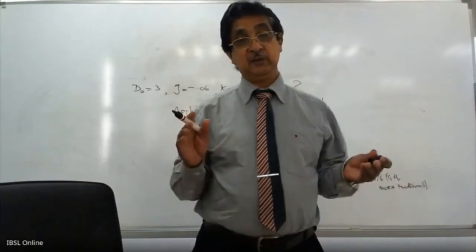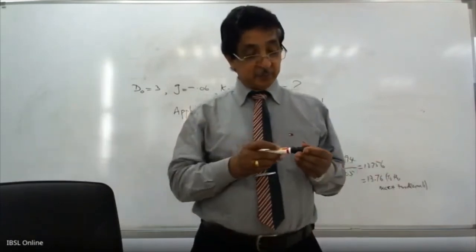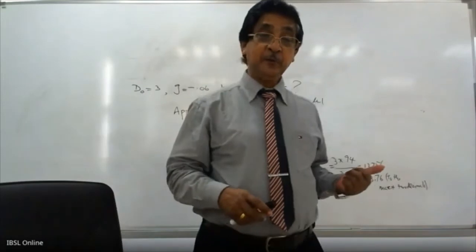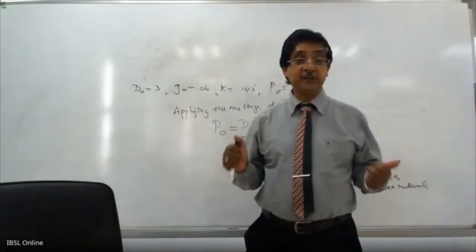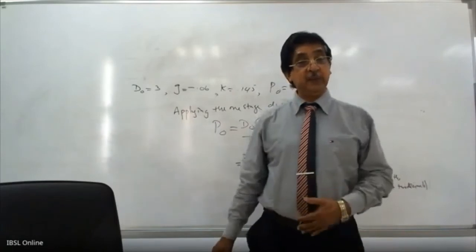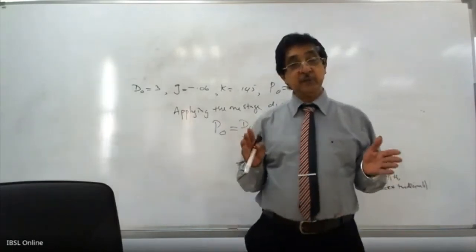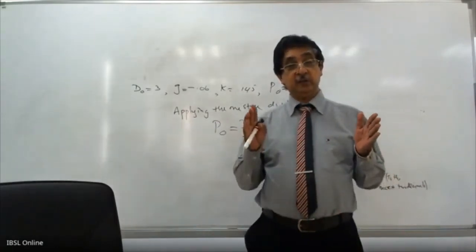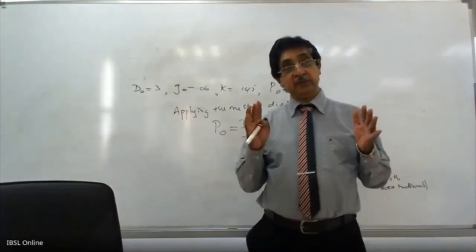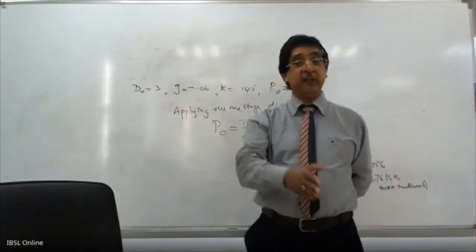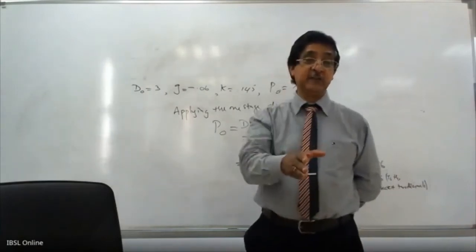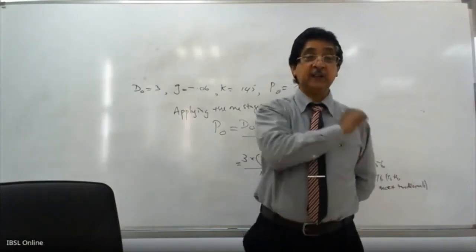So, in your decision making process, these are aspects you have to understand, because then it will be very important for you to take decisions. You will take very effective decisions if you understand these things correctly.